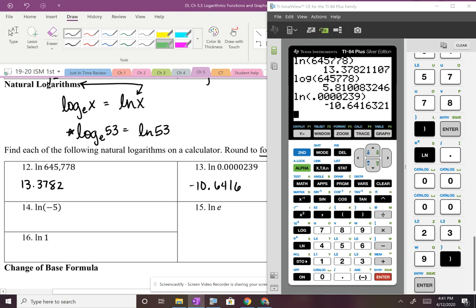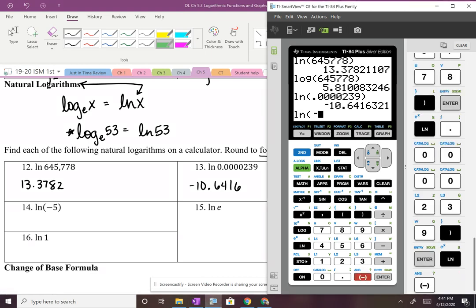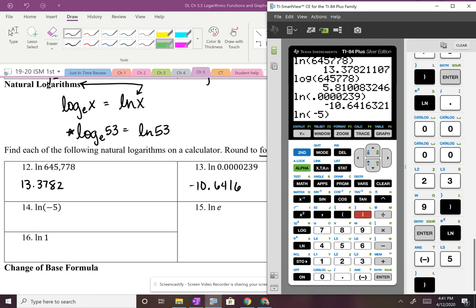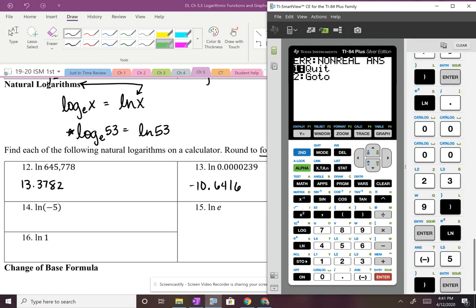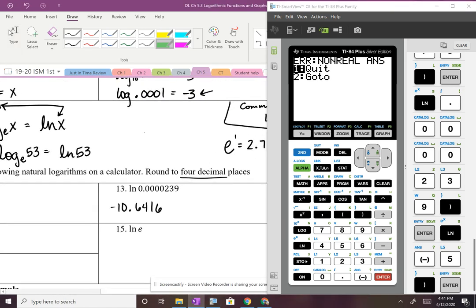Number 14 says ln of negative 5. Ooh, that gave me an error. This is a non-real answer. Now I'm going to come back here, and when we talk about the log or the natural log, the graphs look like this. So the x values don't exist in the negative part of our domain. They don't exist.